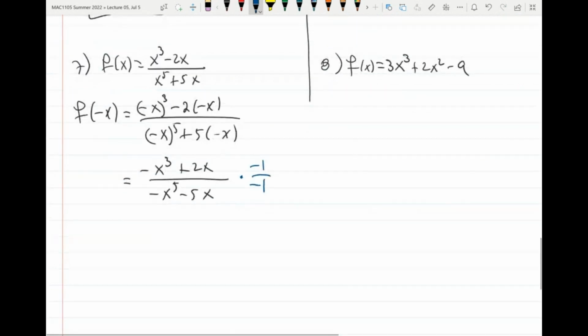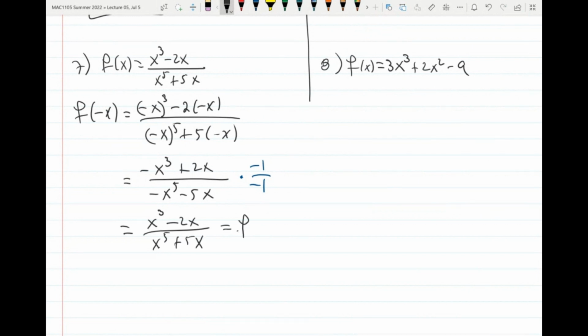So if we multiply top and bottom by -1, we will obtain x³ minus 2x over x to the 5 plus 5x. And this happens to be the function. So what's the conclusion? So this is even.